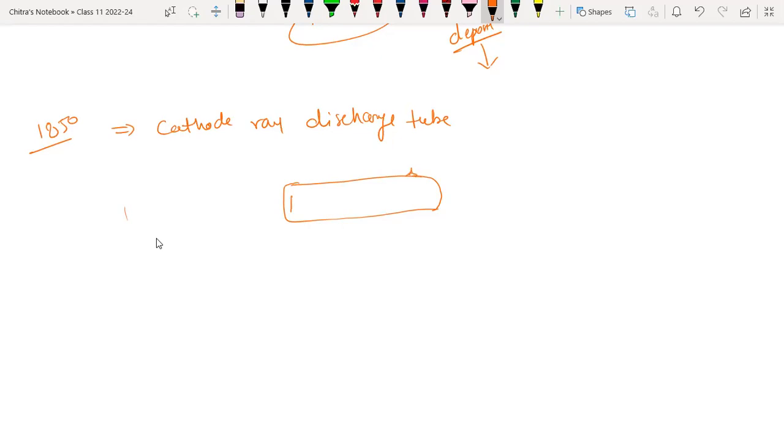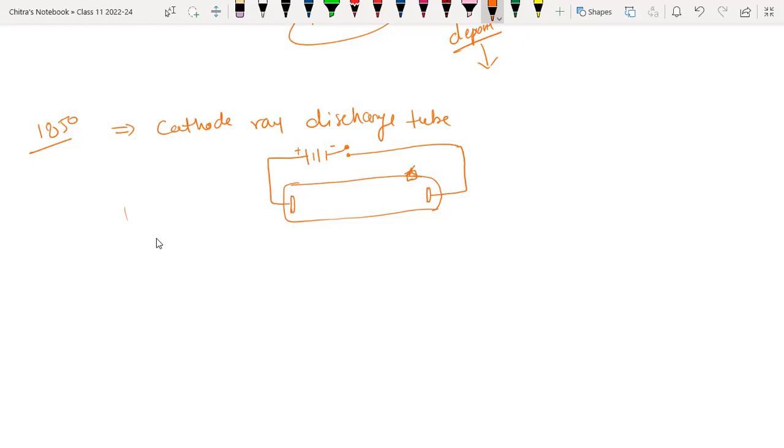And here a cathode and anode are fitted, and they are connected with an external source of electricity with high voltage. Very important, no? With high voltage. Like this. And here the vacuum pump is there in order to remove the gas from here.